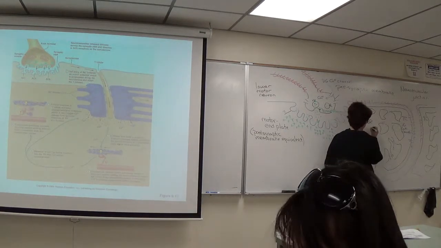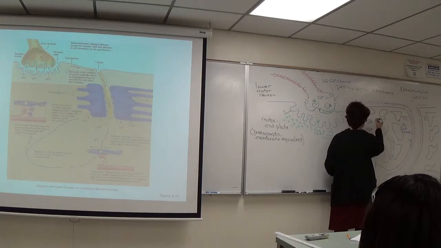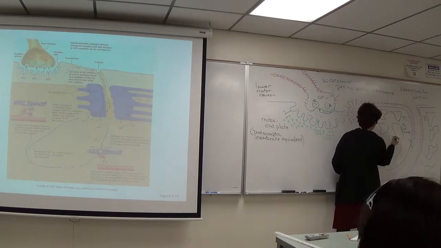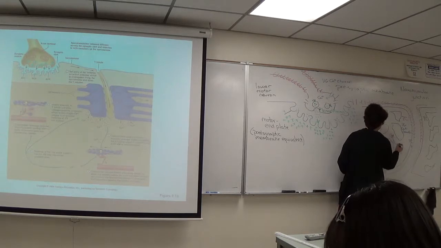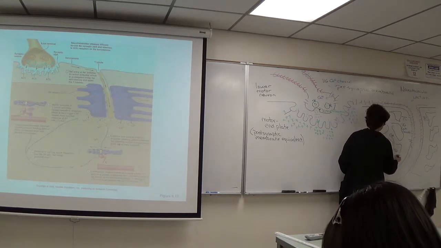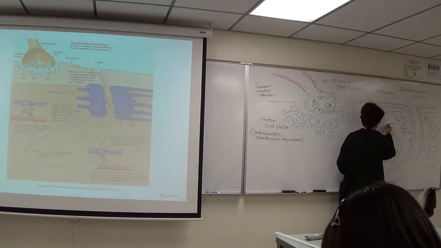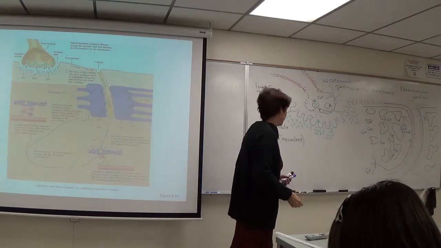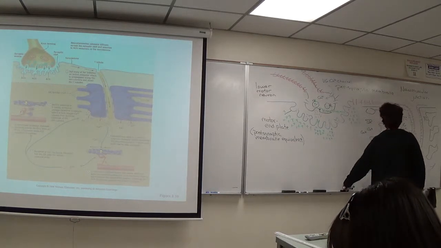Calcium ions are stored in the sarcoplasmic reticulum, and then they leave when the voltage-gated channels are open. And the amount of free calcium in the cytoplasm of the cell increases.